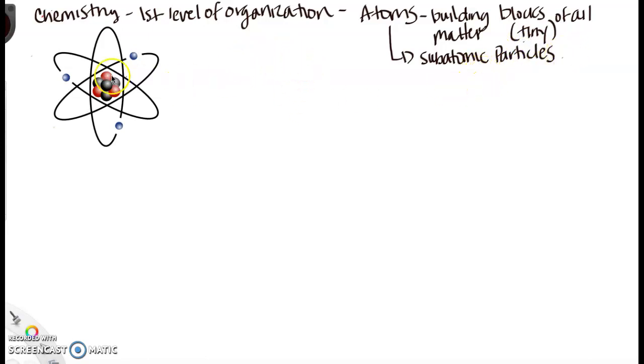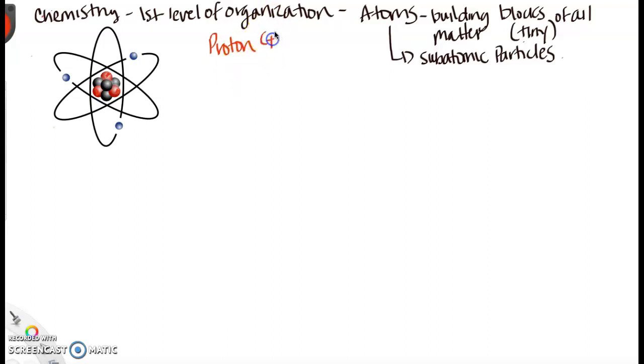Okay? So if we're looking at this little thing here, this is our basic structure of an atom. And the first subatomic particle we're going to talk about is the proton. So proton, so these guys here that are in red. Okay? So protons are charged.